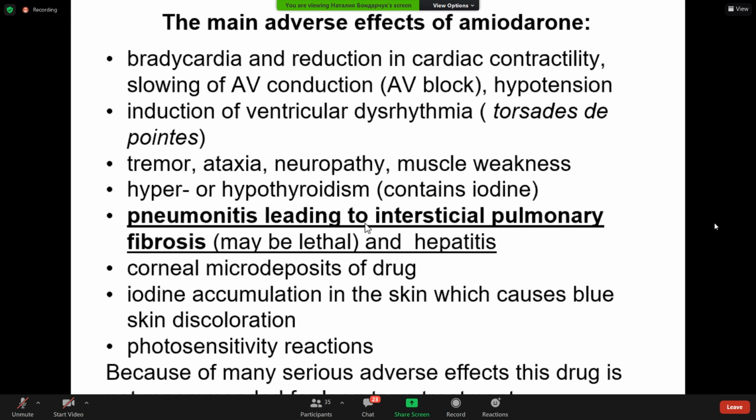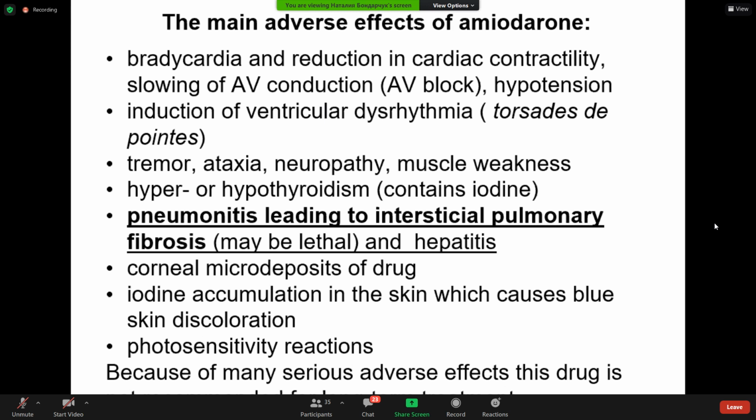Pneumonitis leading to interstitial pulmonary fibrosis. This fibrosis may be lethal, and it also causes hepatitis. Corneal microdeposits of the drug, iodine accumulation in the skin, which causes blue skin discoloration.